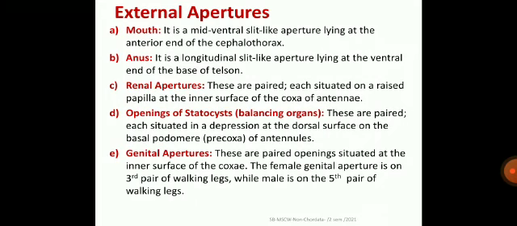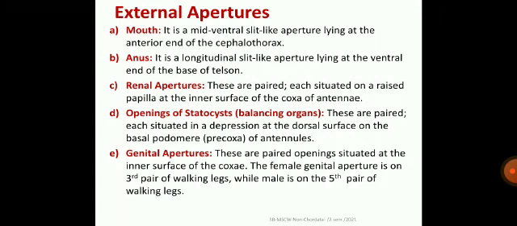Finally, the external apertures, that is the external openings present on the body of a Palaemon. The first is the mouth. The mouth is a mid-ventral slit-like aperture which lies at the anterior end of the cephalothorax.